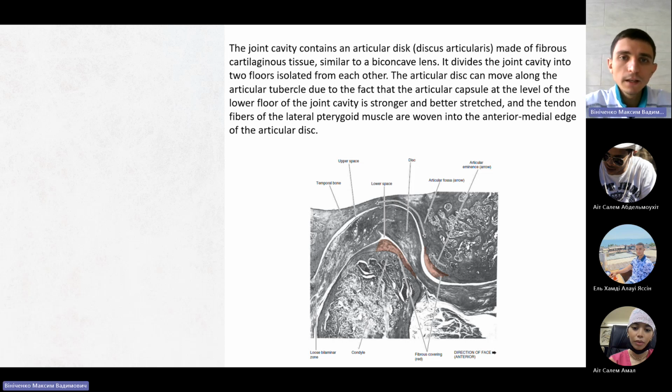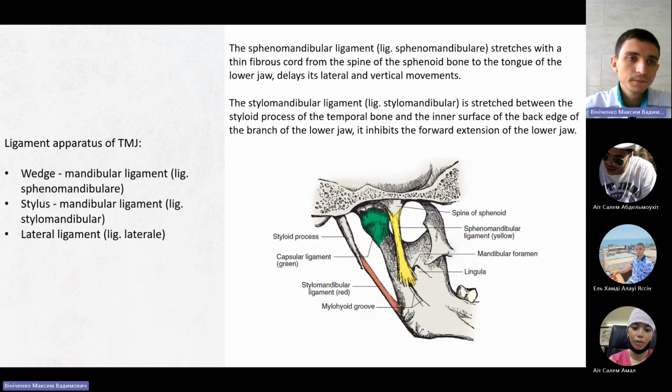The articular disc can move along the articular tubercle due to the fact that the articular capsule at the level of the lower floor of the joint cavity is stronger and better stretched, and the tendon fibers of the lateral pterygoid muscle are woven into the anterior medial edge of the articular disc.